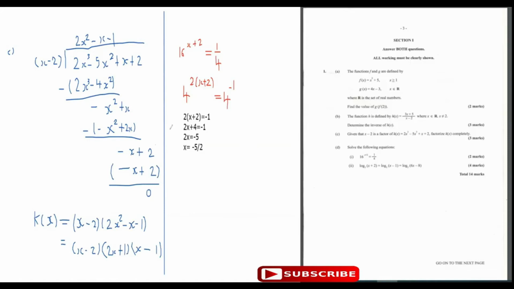Now the next part of the question, part 2, is asking us to solve the log equation. We're required to solve log to base 3 of x plus 2 plus log to base 3 of x minus 1, and they're telling us that that is equal to log to base 3 of 6x minus 8.